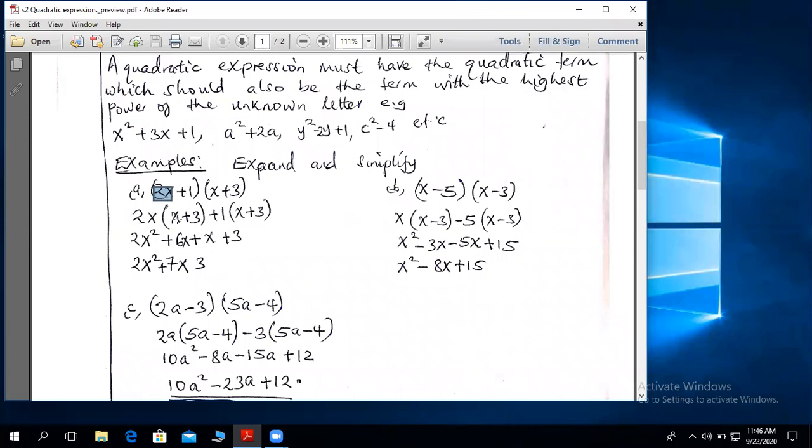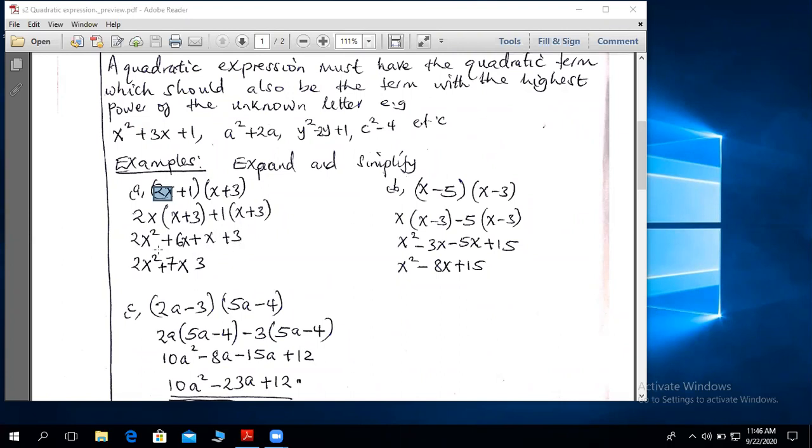Then when we finish that, we can open the brackets. 2x times x, we agreed that x times x is x squared, so the answer is 2x squared. Then 2x times 3, the answer is 6x. Then 1 times x, the answer is x. And 1 times 3, the answer is 3, as you can see.